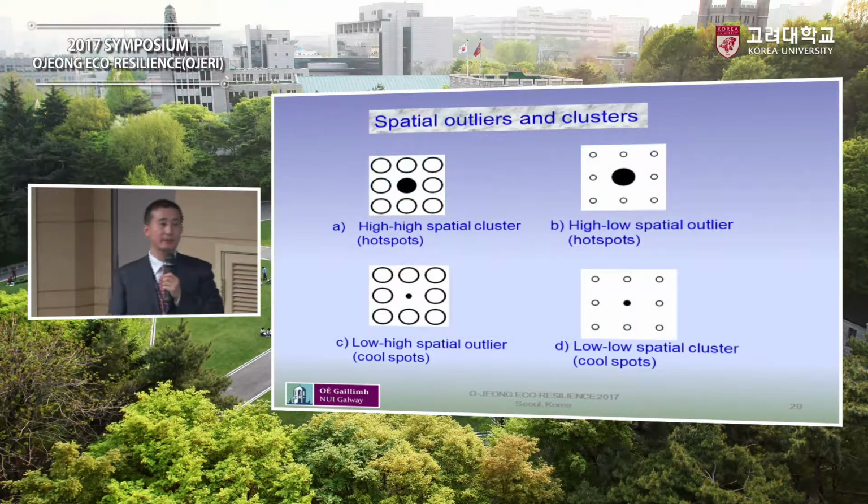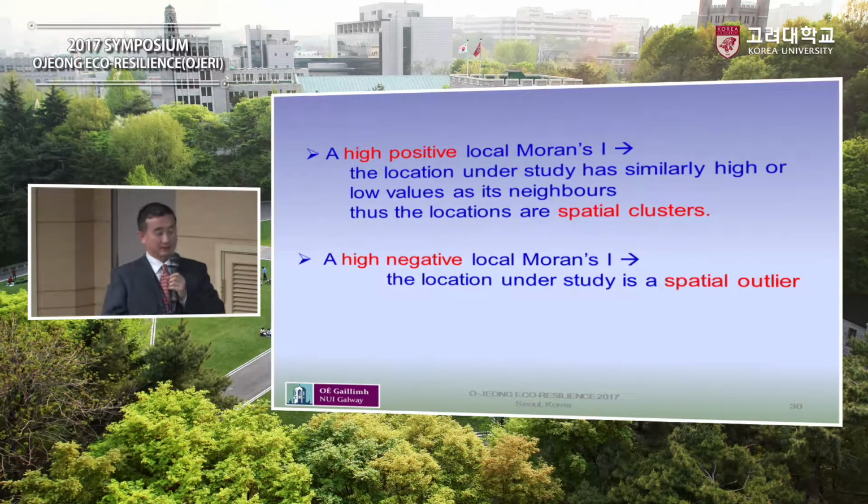Specifically using this parameter, we're able to identify high-value clusters, low-value clusters, high-value areas surrounded by low values, that's an outlier, and low-value areas surrounded by high values, that's also an outlier. And the fifth one is not significant. Based on some kind of calculation, we will identify if that's significant or not, statistically.